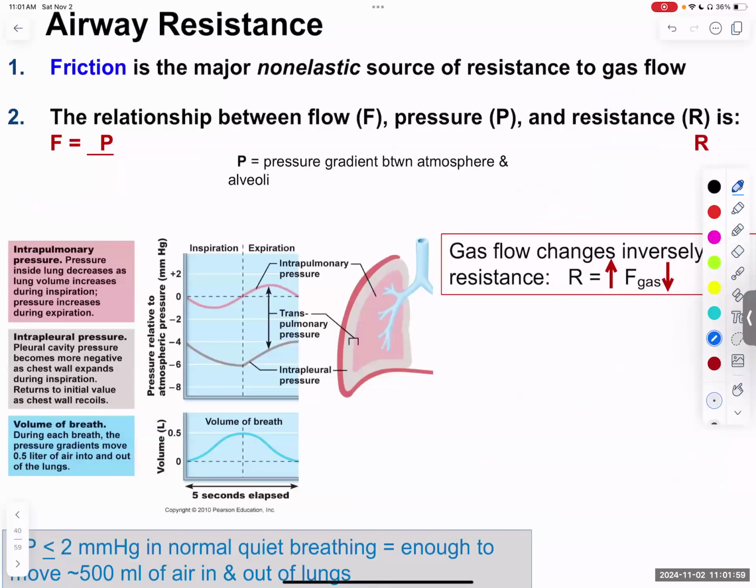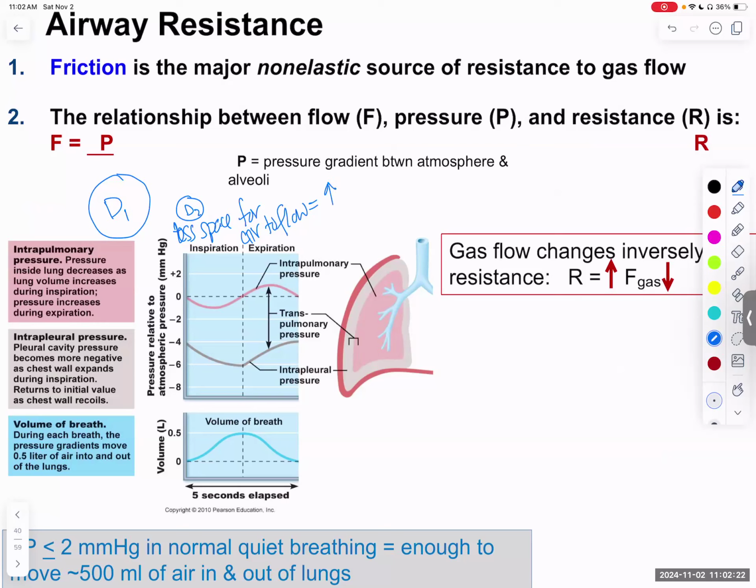So airway resistance, same as with blood flow, the smaller the diameter. So if you have a bronchiole that's this big and that bronchiole gets constricted down, there's less room, so less space for air to flow.